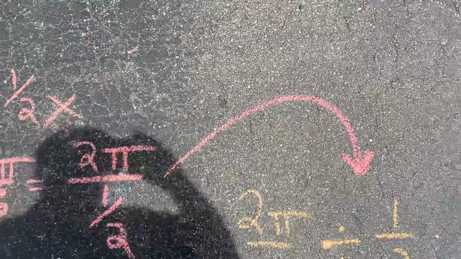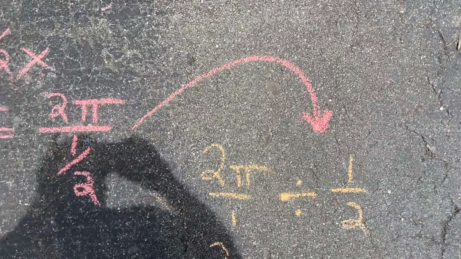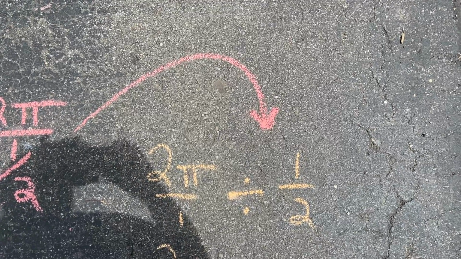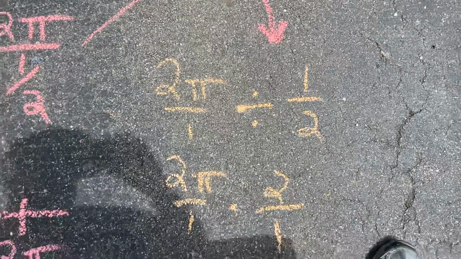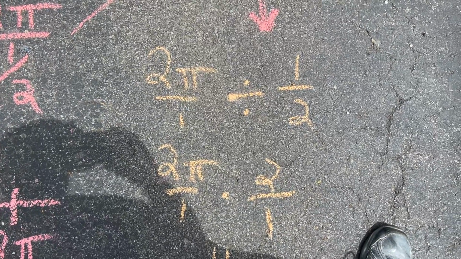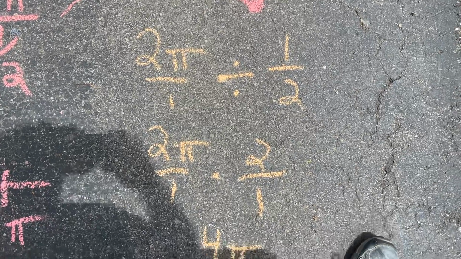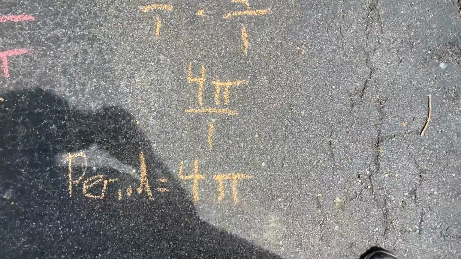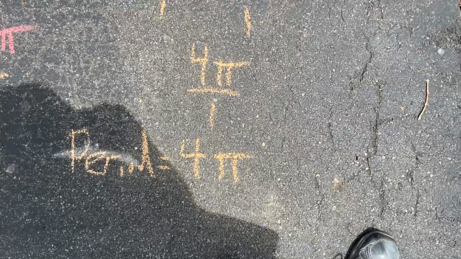We're doing 2 pi divided by 1/2, because that's what 2 pi over 1/2 means. Remember from 7-8, division of fractions: keep, change, flip. Keep the 2 pi over 1, change it to multiplication, flip it to 2 over 1. When I multiply those together, I get 4 pi over 1, which is really just 4 pi. So this graph has a period of 4 pi.